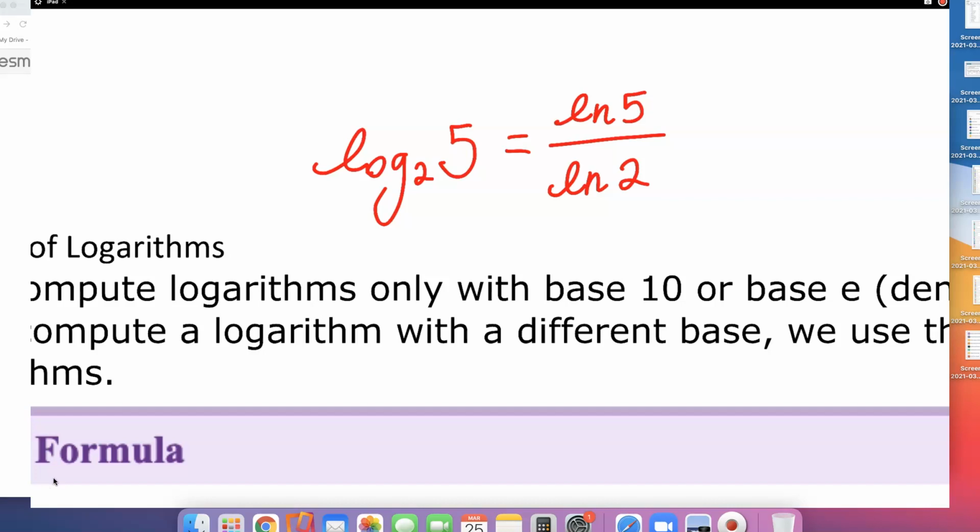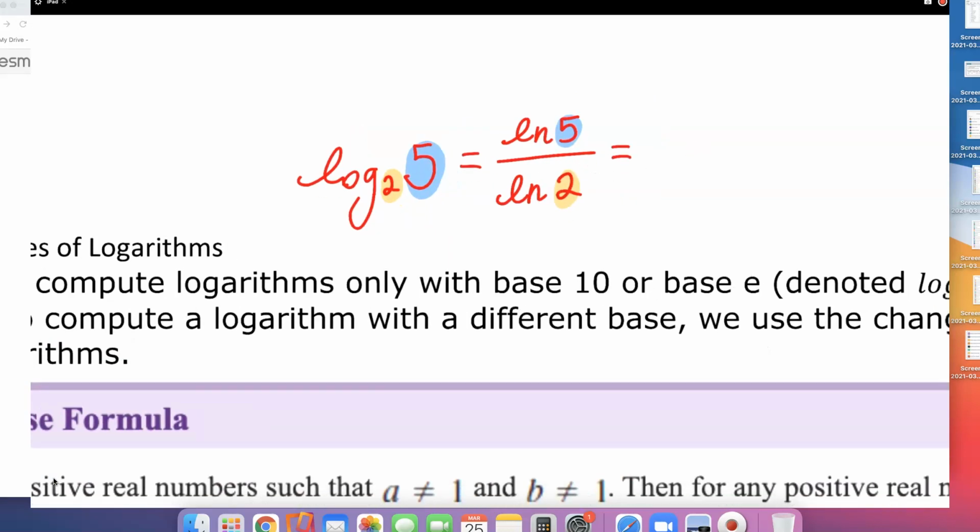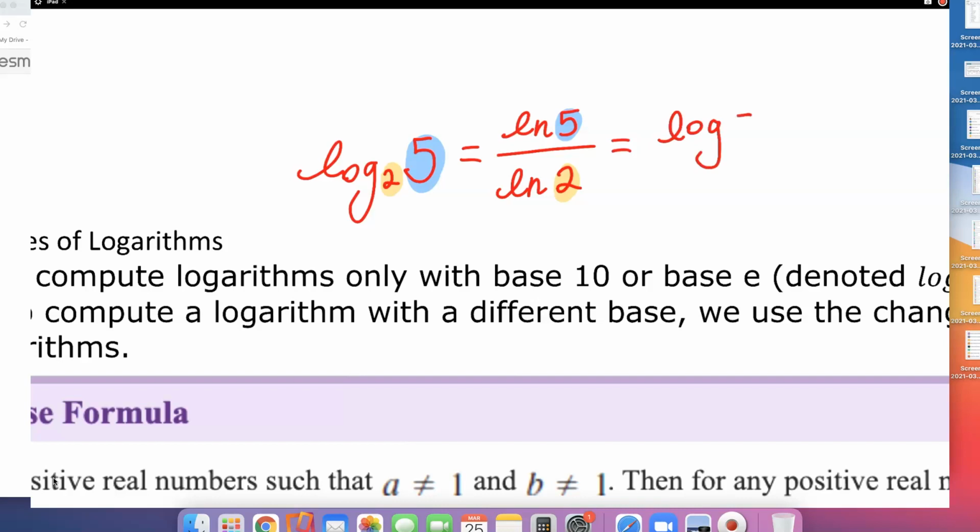If you're wondering where the 5 and 2 came from: the argument was 5, so I put that on the top of the fraction. Whatever the argument is, that's the numerator, and then I divide that by the natural log of the base, natural log of 2. You'll get the same answer if you use the common log. You can just do log 5 divided by log 2. I like to do natural log, but you get the same answer really.